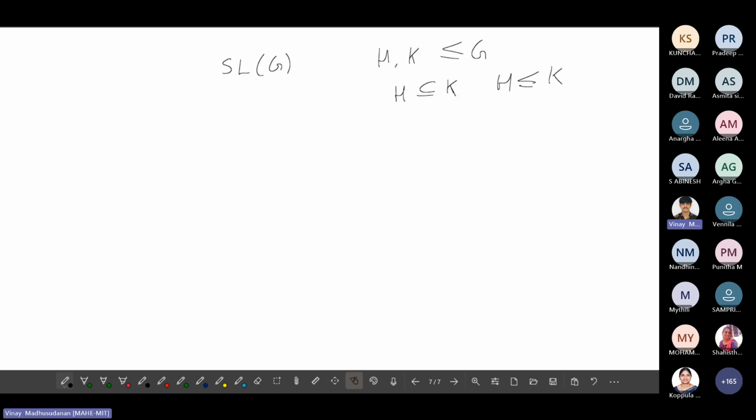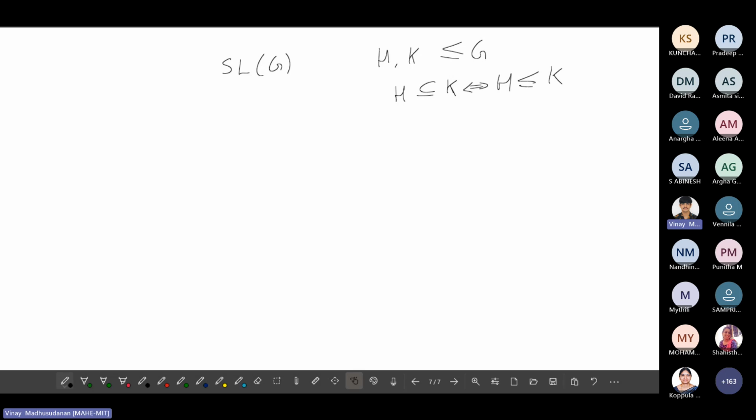Yes, because it satisfies the original definition: H is a subset of K, and H is itself a group under the same operation. All the operations are the same, basically restrictions. So from now onwards, instead of writing subset, I'll write subgroup whenever it is a subgroup.